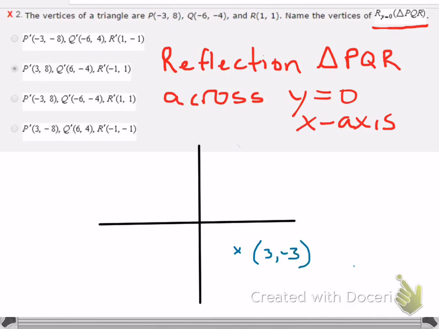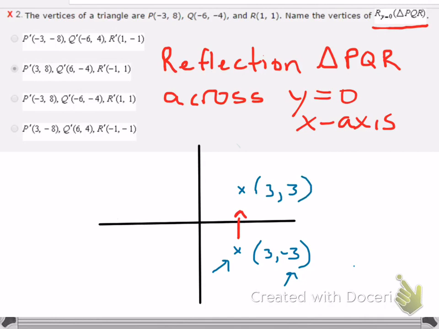What would its reflection be if I just flopped it right up over the x-axis? Well, the x-coordinate is going to stay the same. The x-coordinate would still be 3 because it's a direct reflection up from there. This point was 3 down, so if I'm going to go across the x-axis an equal distance, I need to go up 3.